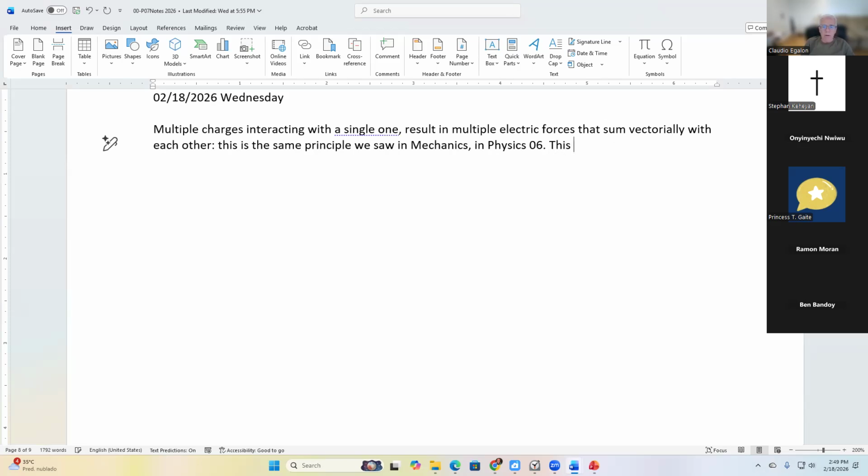This vectorial summation has a name; it's a principle.